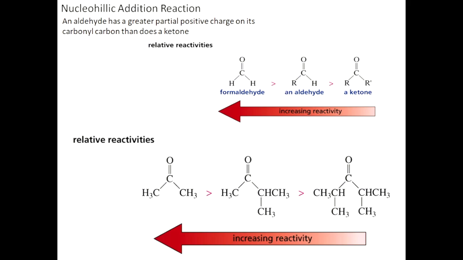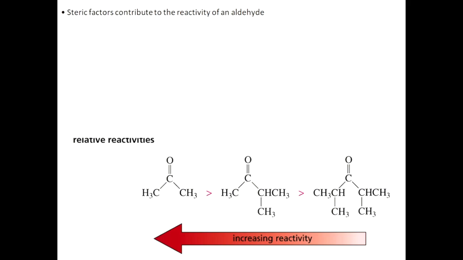The reactivity increases from ketone to aldehyde to formaldehyde, meaning formaldehyde is more reactive than aldehyde, which is more reactive than ketone. In ketones, as the alkyl group increases, the reactivity decreases. So acetone is more reactive compared to methyl isopropyl ketone and diisopropyl ketone.